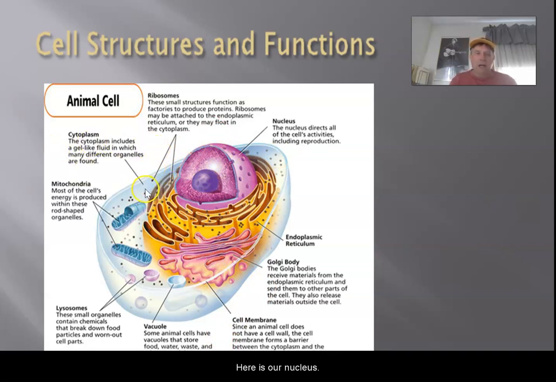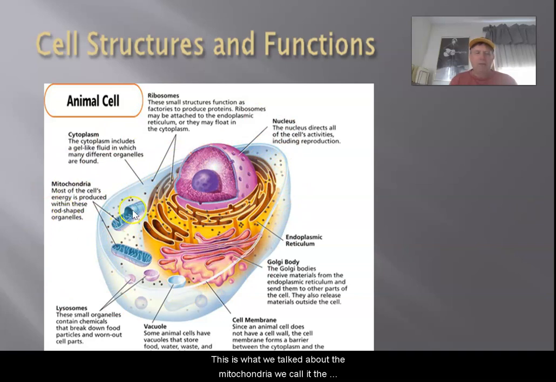Here's our nucleus. Here's our cell membrane going around the cell. So cell membrane, cytoplasm, ribosomes. They're all right here. There's little dots. They're all right here in this animal cell.